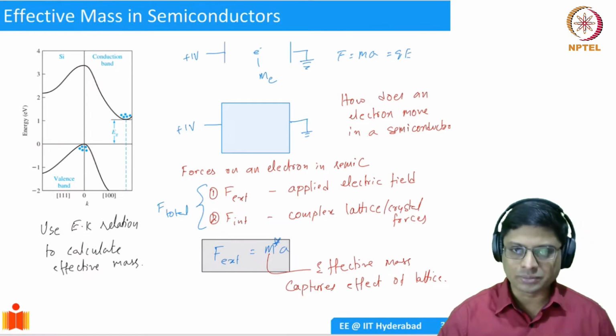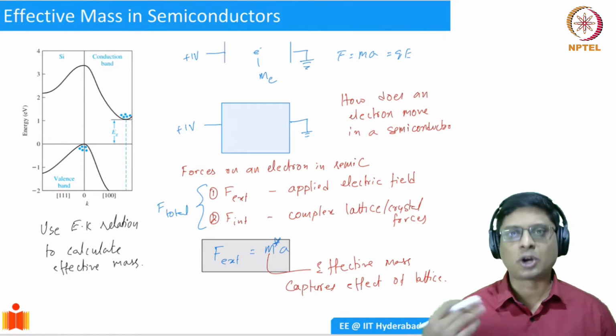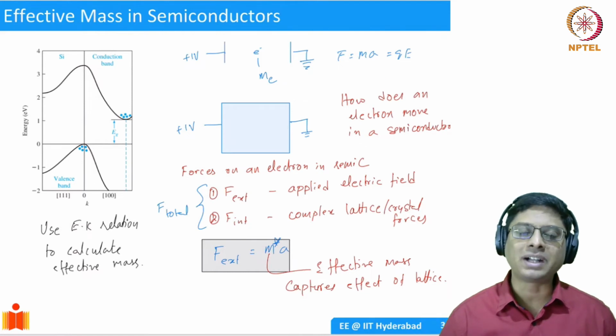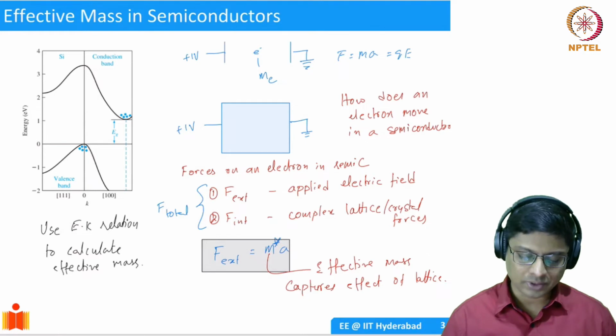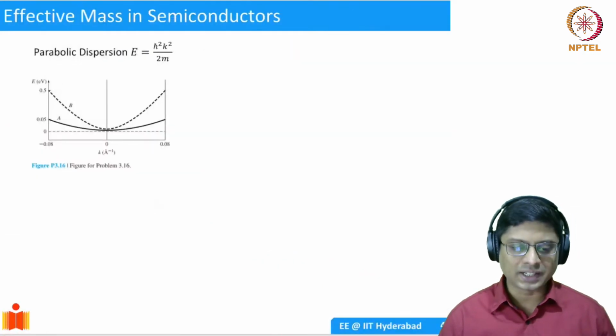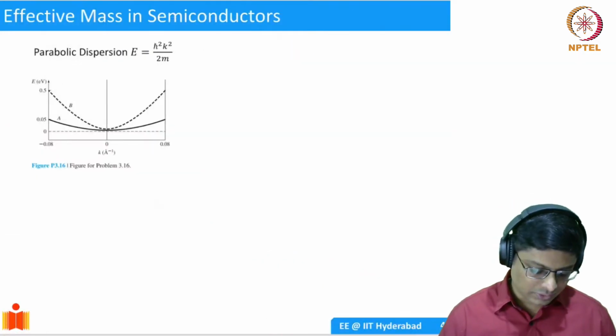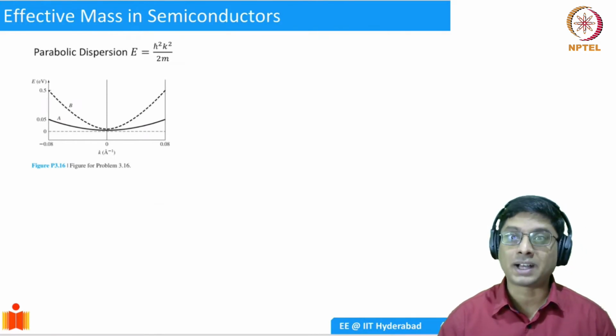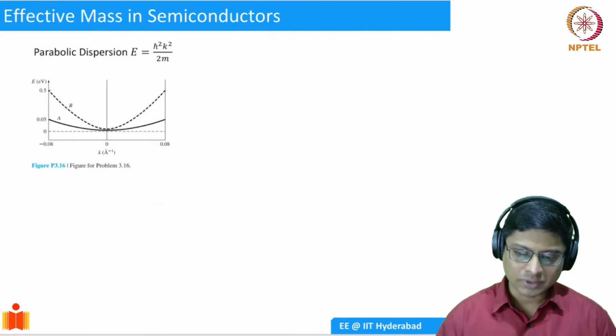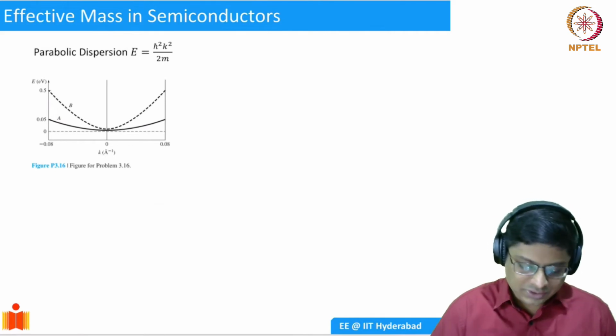So around the band edges, be it the top of the valence band or the bottom of the conduction band, it can still be approximated as a parabolic dispersion. Okay. So we will use the ideas that we have learned in the past. If you have a parabolic dispersion, how can we estimate the effective mass from that? Okay.